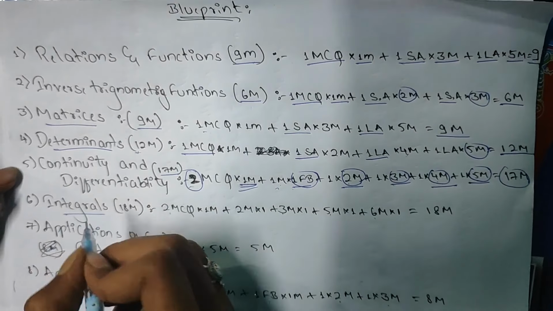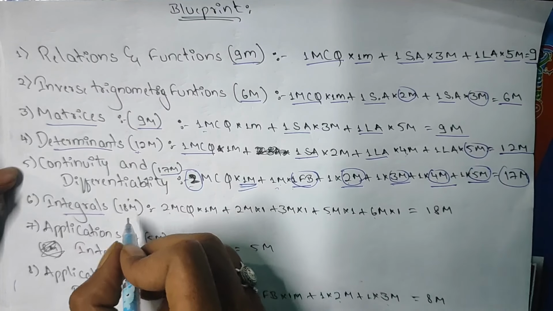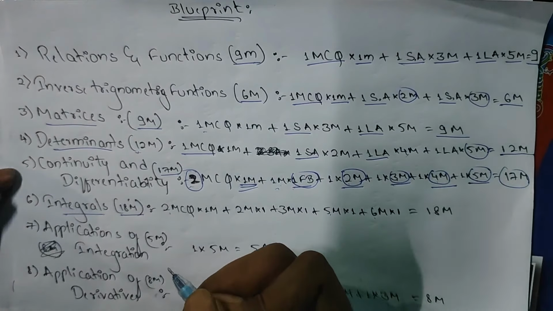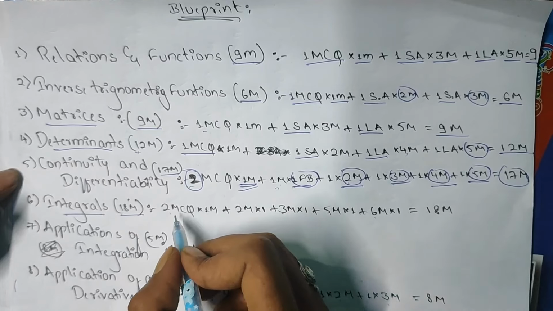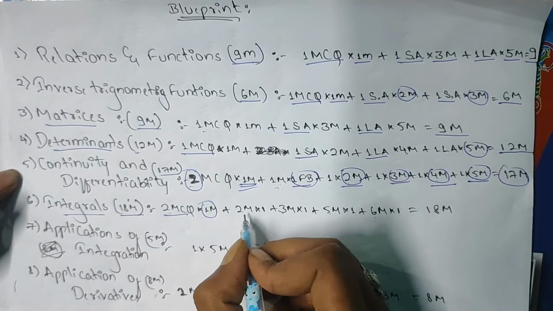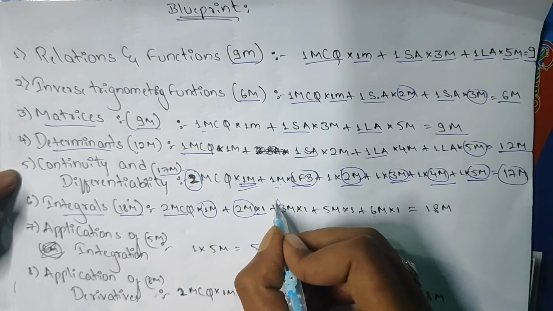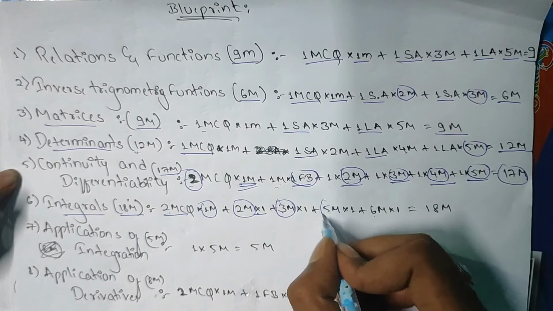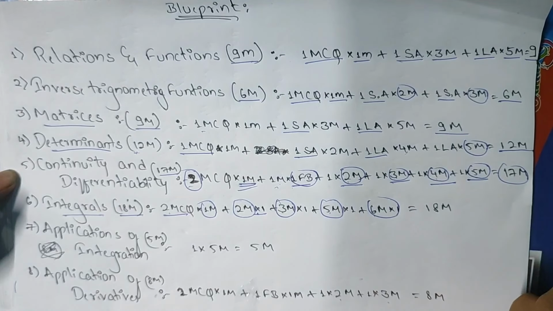And integrals, which contains about 18 marks. In this chapter we will have 2 MCQs of 1 mark each. One question will be of 2 marks, one question of 3 marks, one question of 5 marks and one more question of 6 marks.